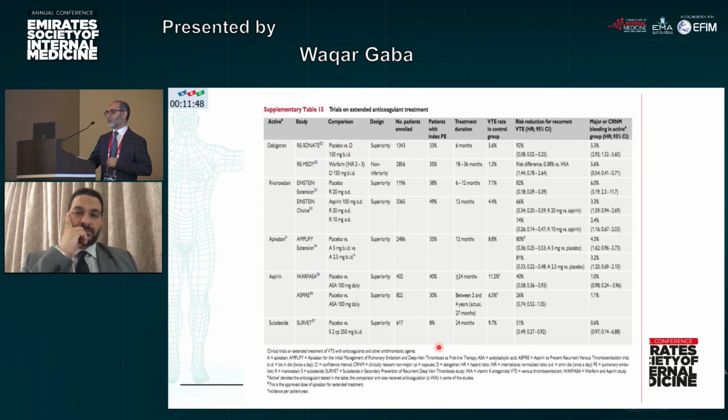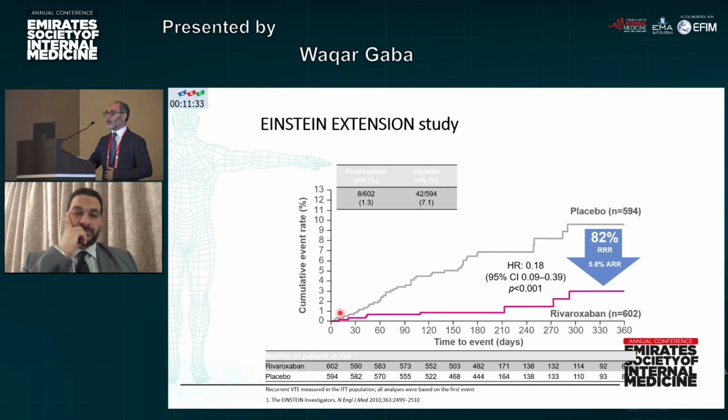So again, for extended anticoagulation treatment, there have been several trials. You can see dabigatran, rivaroxaban, apixaban, aspirin, sulodexide. I will not go into the details of this, but these are the majority of trials done for extended anticoagulation treatment. So starting with rivaroxaban, as you can see, rivaroxaban was compared with placebo, and we saw that there was 82% relative risk reduction, so quite a big reduction of recurrent VTE risk.